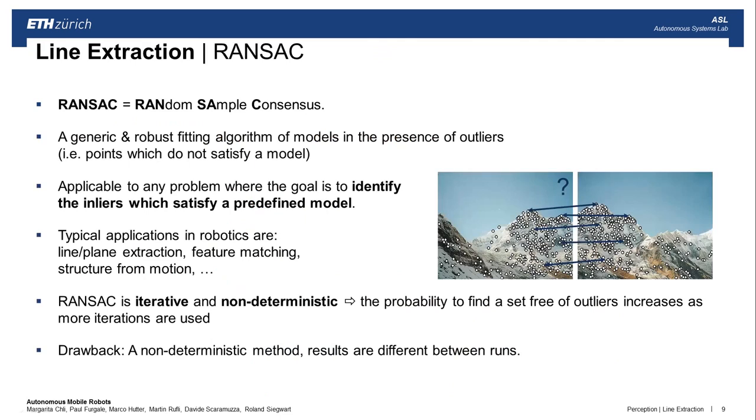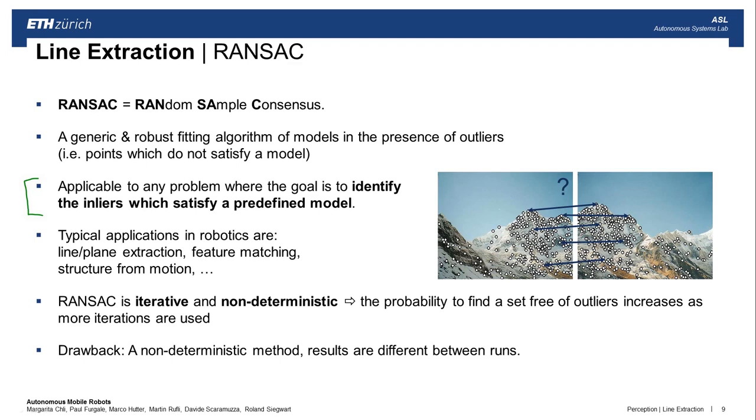So now we're going to look at a more popular algorithm, namely RANSAC. RANSAC stands for Random Sample Consensus. This algorithm is generic and robust, and the idea is that it's fitting models to data in the presence of outliers. So it is applicable to any problem where the goal is to identify the inliers that satisfy a predefined model.